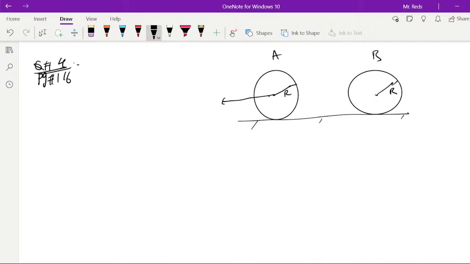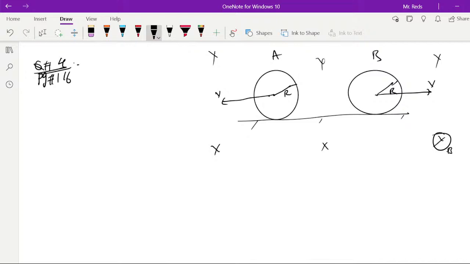This one is moving in this direction, and this one is moving in the forward direction, but with the same speed. And a constant magnetic field is present pointing into the plane. These are kept in a uniform field which is directed into the plane of the paper.